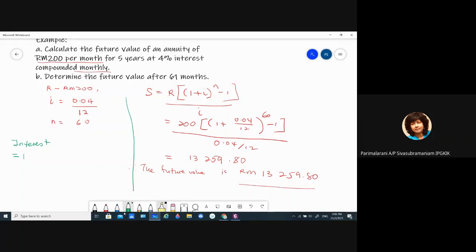So your interest will be your S minus n times R. So this is RM13,259.80 minus n, which is 60, times R, which is 200 ringgit.